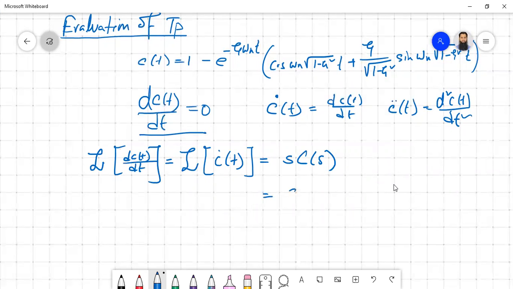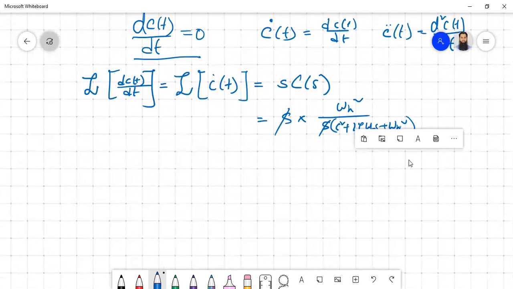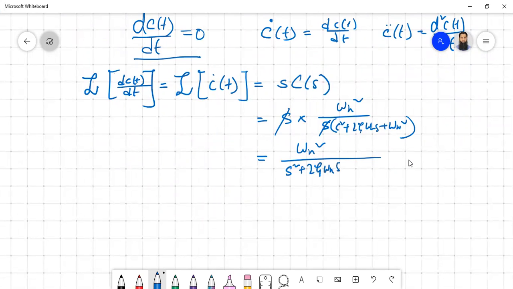If we multiply with S, we have omega n square over S square plus twice zeta omega n S plus omega n square. As you can see, this S is getting cancelled out. So what is left is omega n square over S square plus twice zeta omega n S plus omega n square. So this is already the derivative.